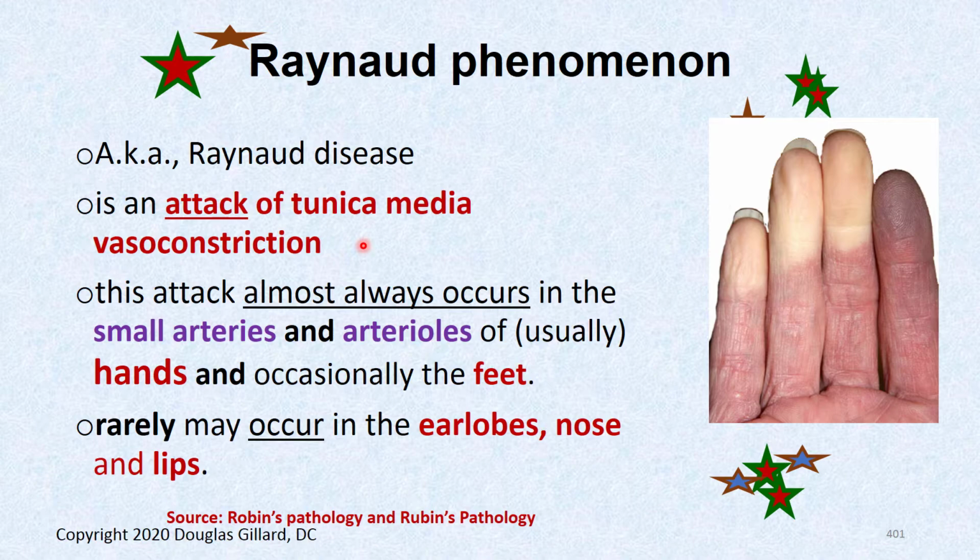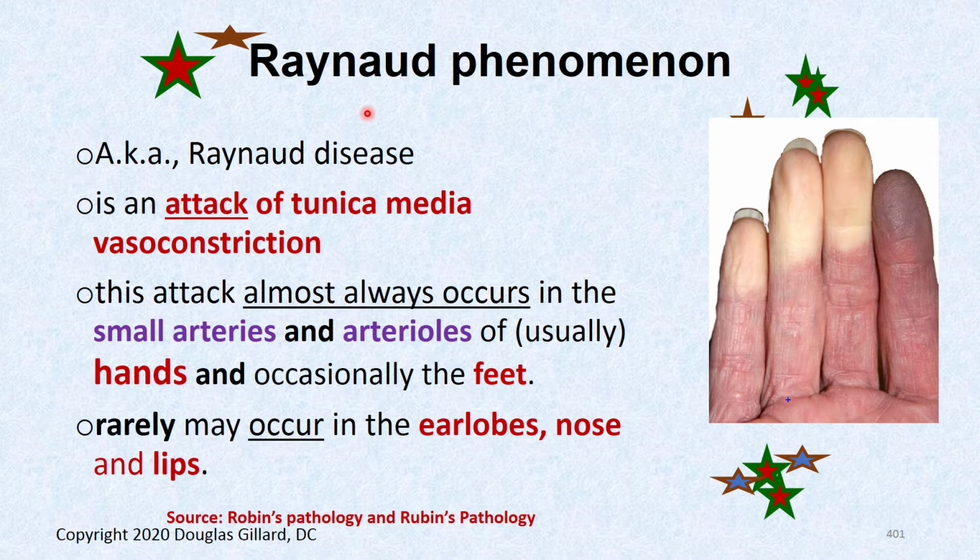So what is it? It's the pipes. Nothing clogs the pipes up. But all of a sudden, the tunica media goes crazy in the small arteries and arterioles of the fingers or toes usually. It completely narrows those vessels down, and you get a downstream ischemia because of that.